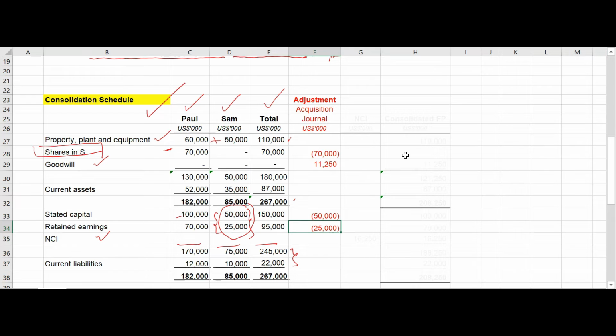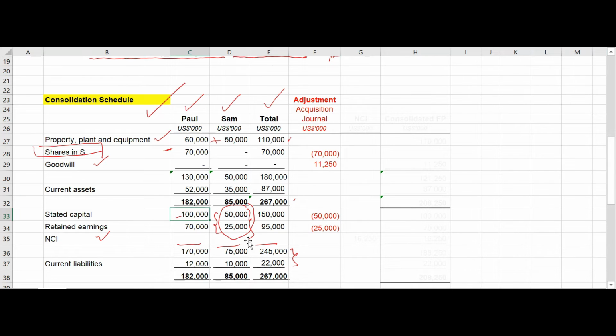And in the meantime, the stated capital or the share capital will be the capital of the parent company in the consolidated financial position. So in the consolidated financial position, what we have to show as stated capital will be the parent company share capital, simply because the owner of the group is the parent company, not SAM, not the subsidiary company.